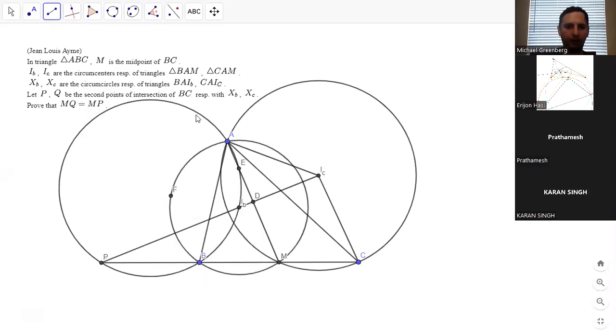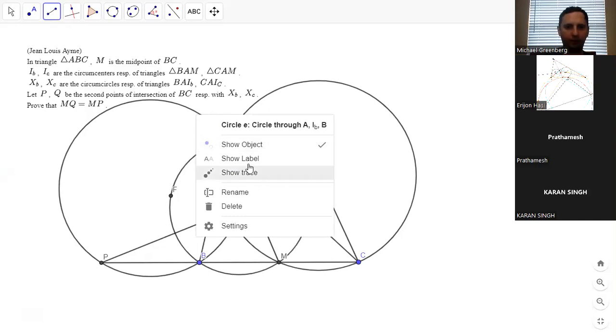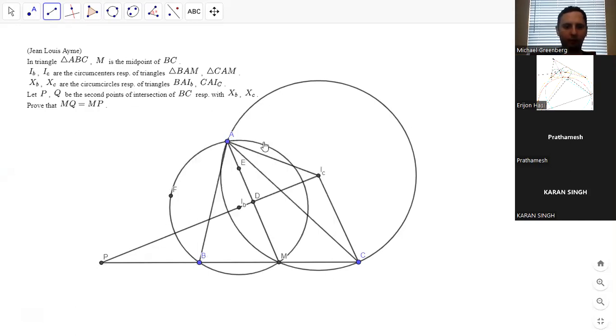So that's a good way to do it because then it's symmetric. And then we can show that P prime lies on both circles. So I can delete E and F. I think that might solve the problem.